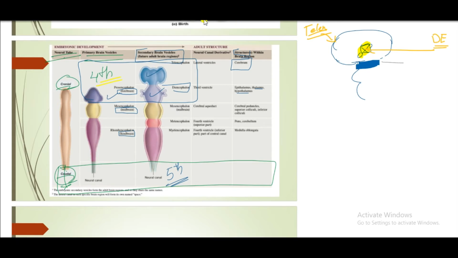Okay, mesencephalon, and you have two more portions, that is metencephalon and the myelencephalon.